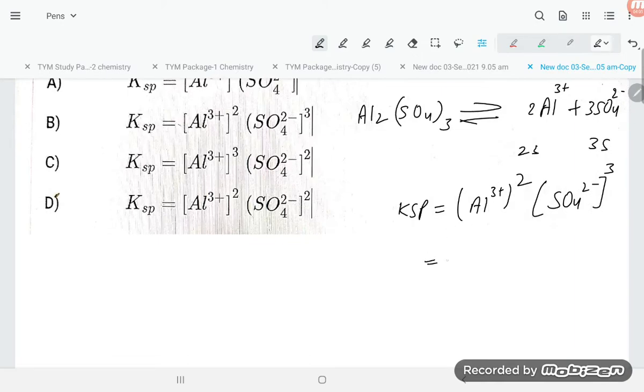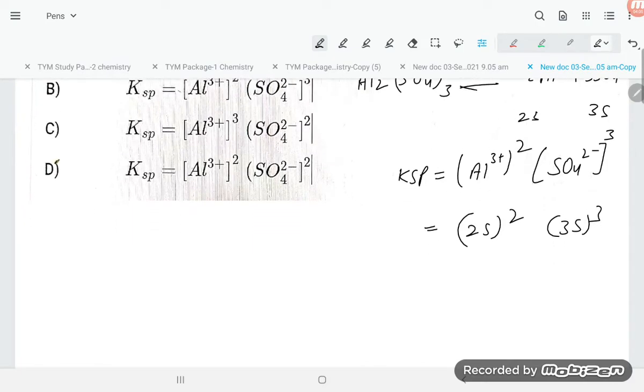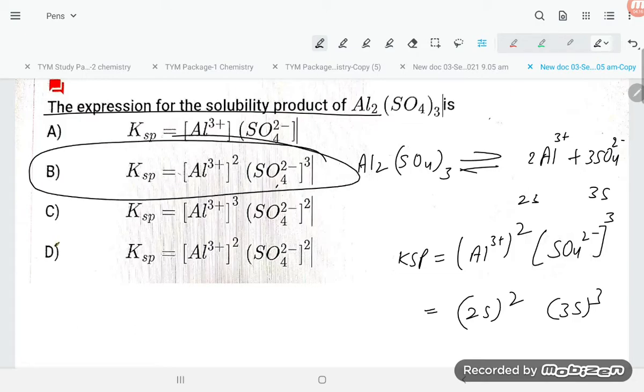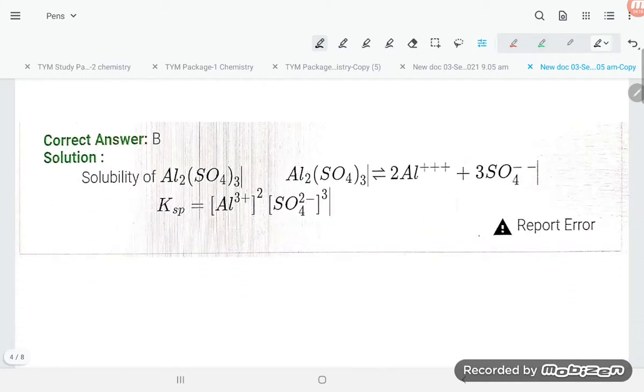Put in the values: (2S) power 2 and (3S) power 3. It is very simple. Ksp equals [Al3+]^2 [SO4 2-]^3. Option B is correct.